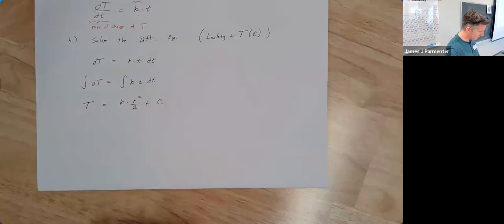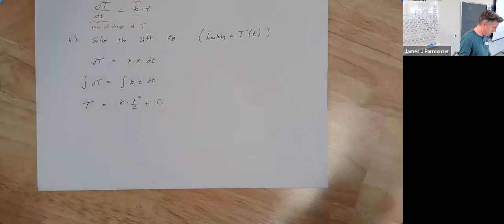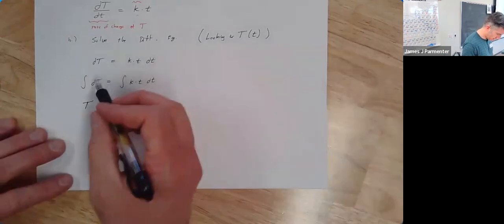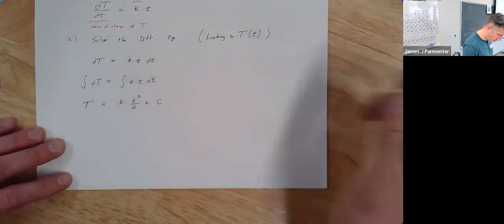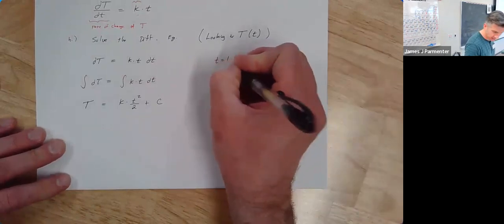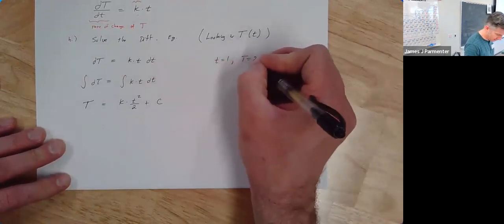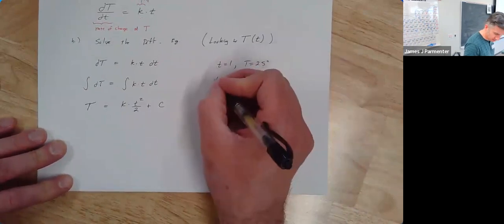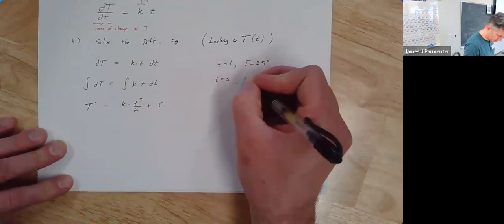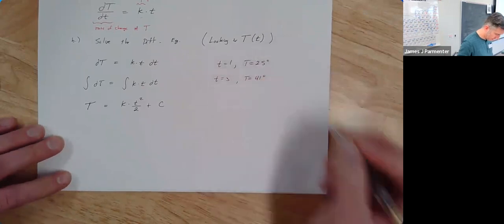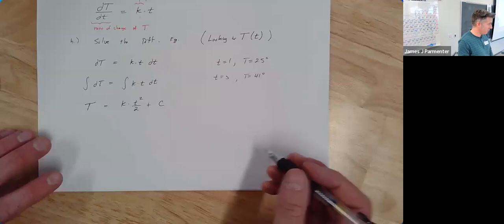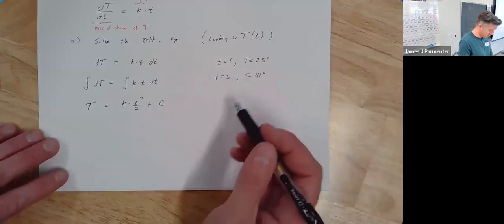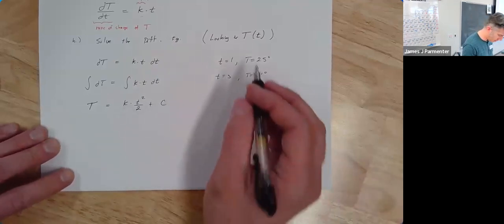All right, and I guess since we have initial conditions, we should plug those in and solve them as well. So let's see, I believe we had at time equal to 1, the temperature is 25, and at time equal to 3, temperature is 41. There's not a lot of solving we have to do here. Temperature is already solved for, so we can just plug these in and solve for K and C pretty readily.